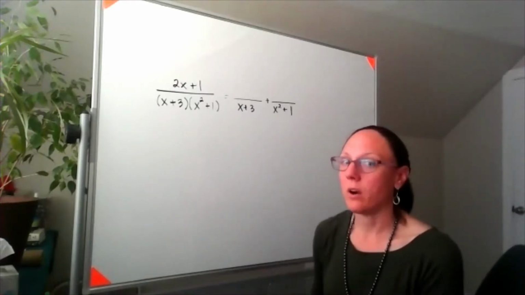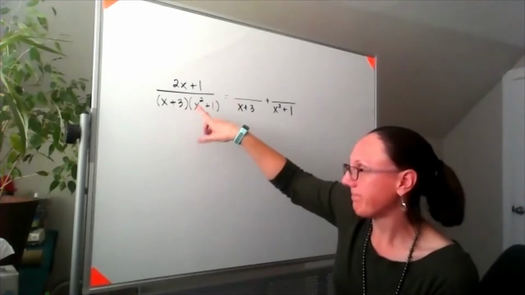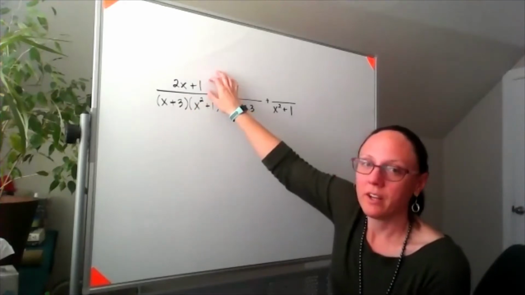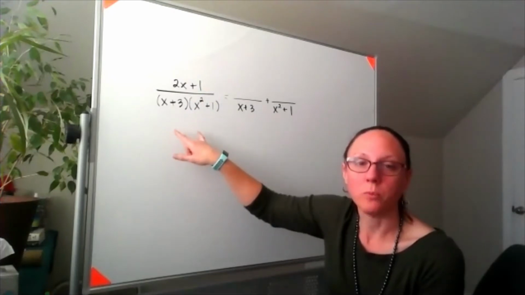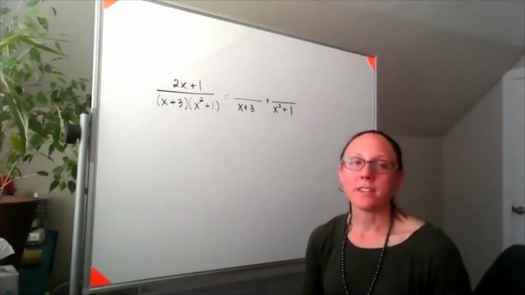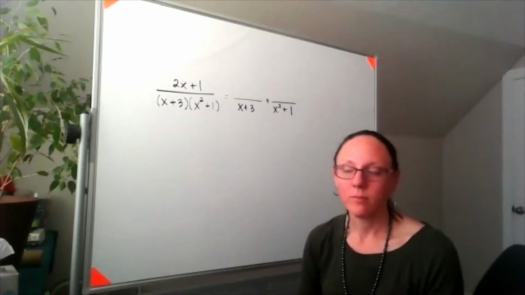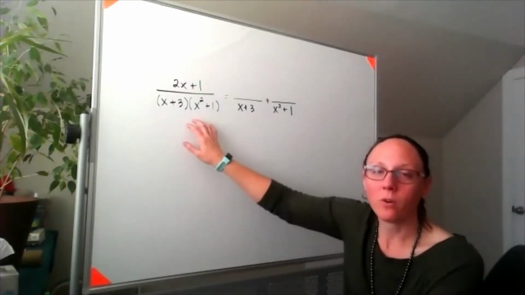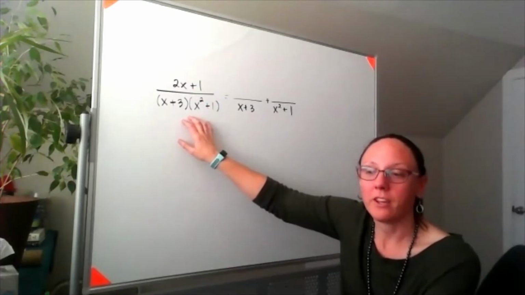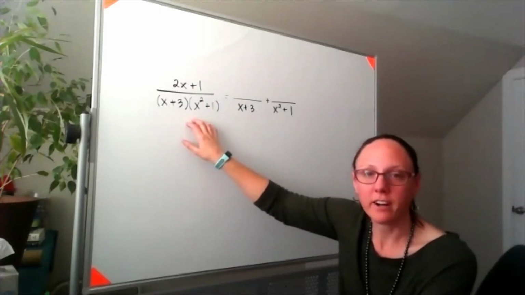So our power in the numerator is x to the first, and in the denominator, it's x cubed. So our power is lower in the bottom, which means, and here's kind of how I remember it, my power is lower in the bottom in our original function over here.